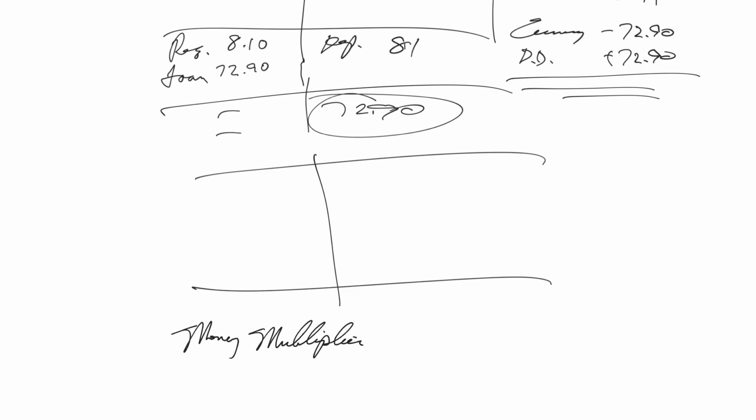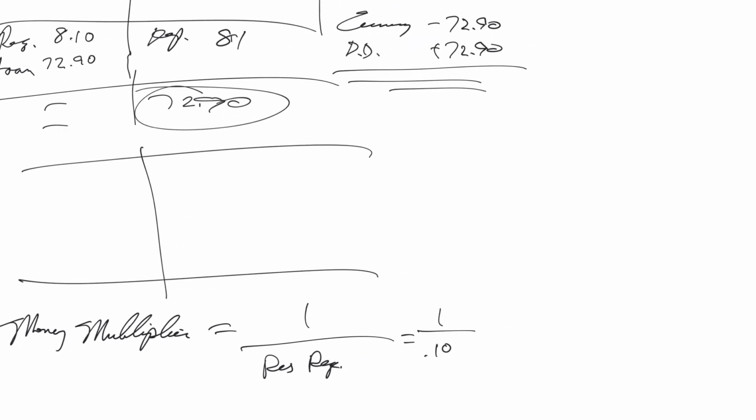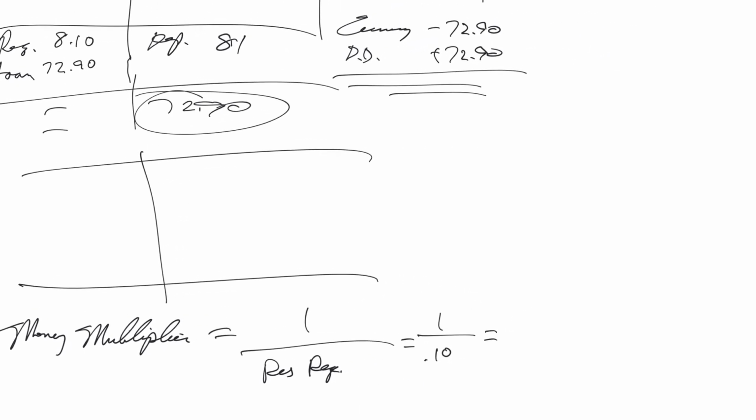The money multiplier is simply 1 over the reserve requirement. In this case, the reserve requirement is 10%, or 0.10 as a decimal, which means our multiplier is 10.